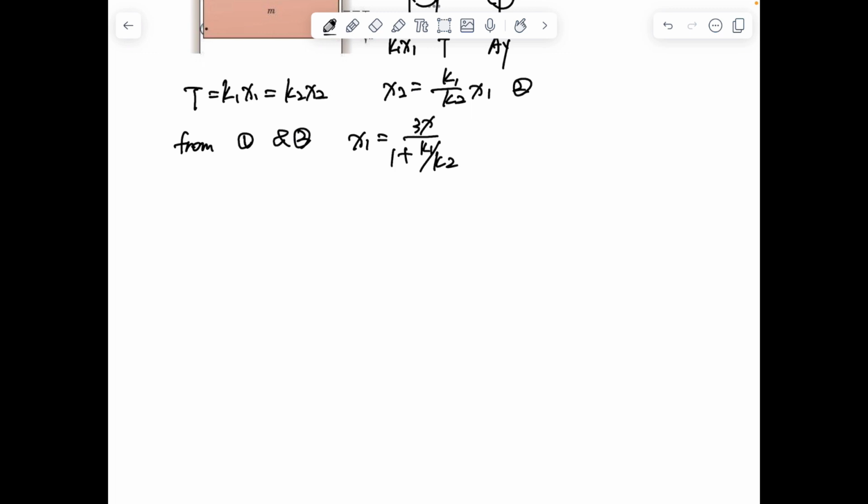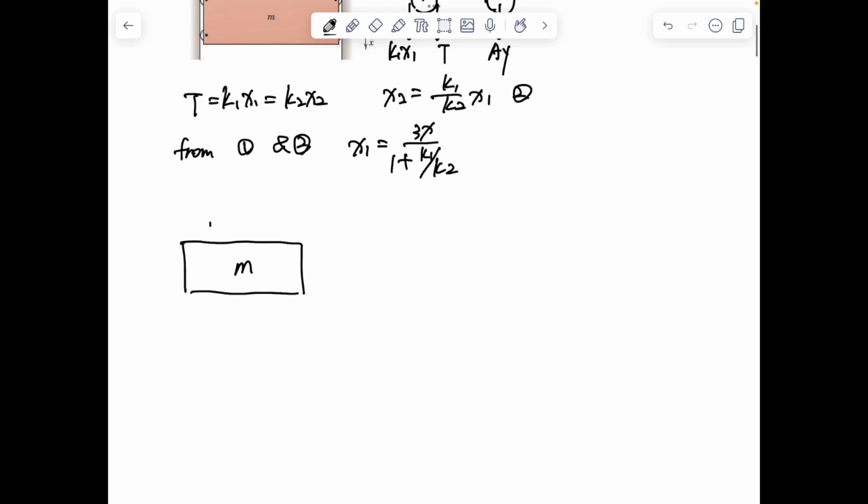If we take a free body diagram of the mass, it will have k2 x2, T, k1 x1, k1 x1, T, and k2 x2.